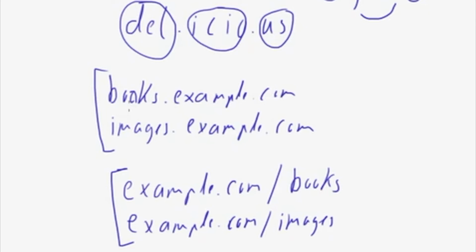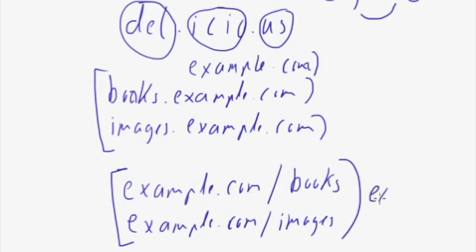Well, one thing is that search engines treat each subdomain as a separate site. So this is a separate site, this is a separate site, and the main site, example.com, is another separate site. Here, all of them belong to the same site, basically example.com.